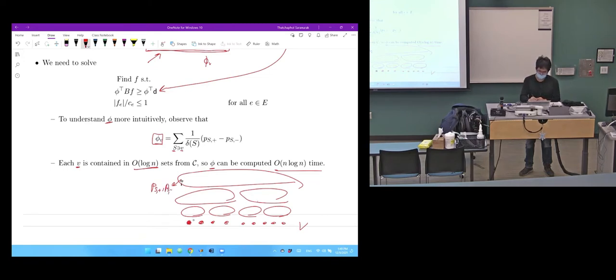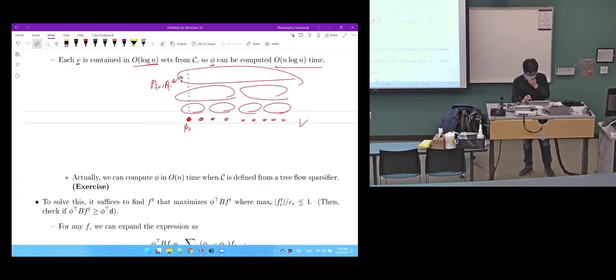And if you want to compute phi of V here, you just sum up all the sets that contain it. Anyway, you can compute phi fast. And by the way, this doesn't matter, but because this family is defined by a tree, you can actually compute it in linear time by doing some bottom-up thing.